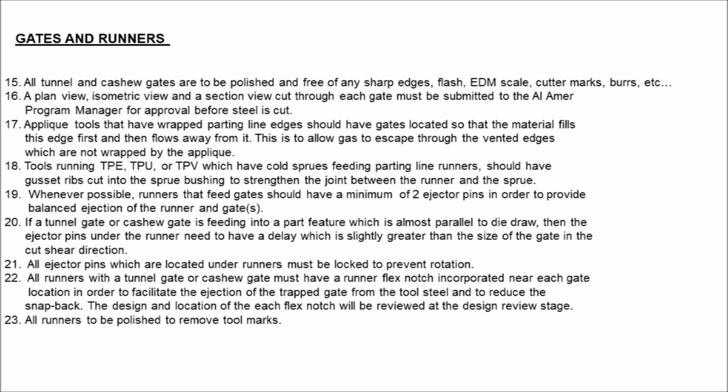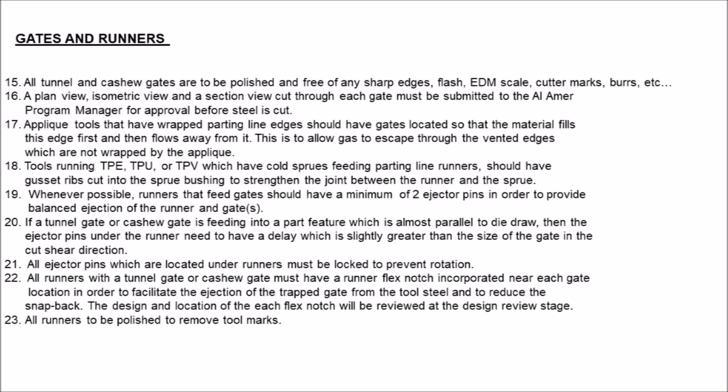18. Tools running TPE, TPU, or TPV which have cold sprues feeding parting line runners, should have gusset ribs cut into the sprue bushing to strengthen the joint between the runner and the sprue. 19. Whenever possible, runners that feed gates should have a minimum of 2 ejector pins in order to provide balanced ejection of the runner and gate. 20.